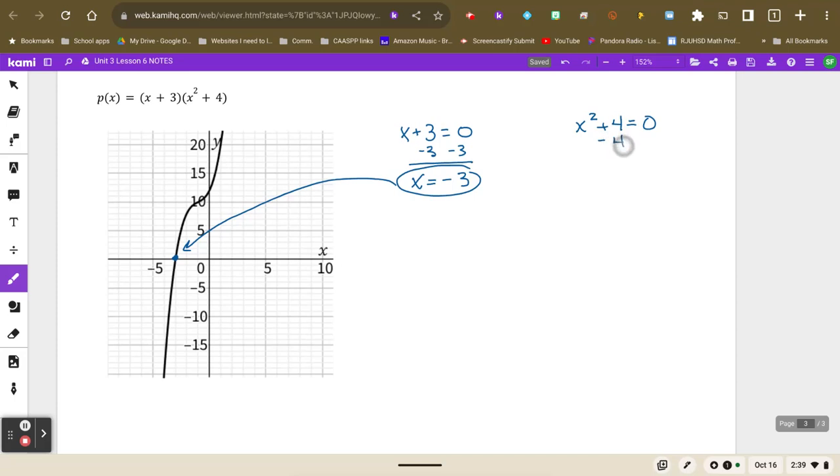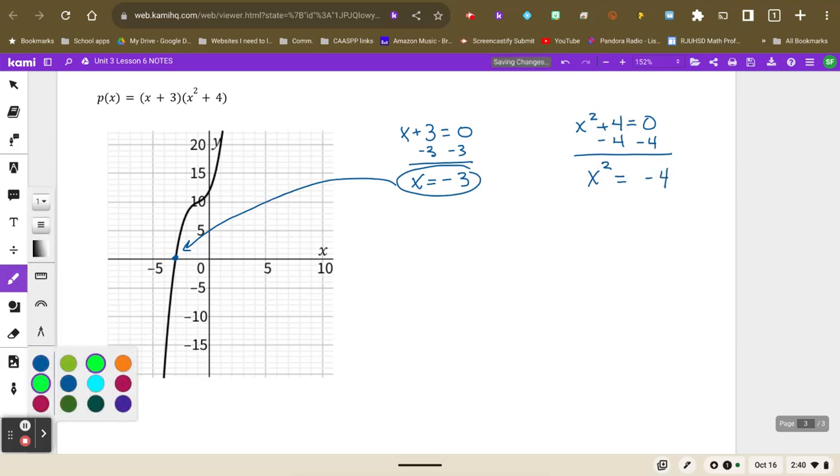Now this one, we want to get the x squared by itself first. And then to get rid of the square, we're going to take the square root on both sides. And we always have to put a plus or minus because we don't know if it's positive or negative. Now x equals plus or minus the square root of negative 4.